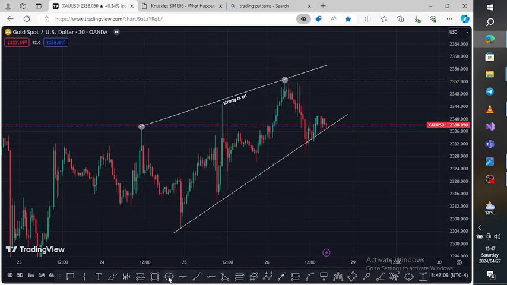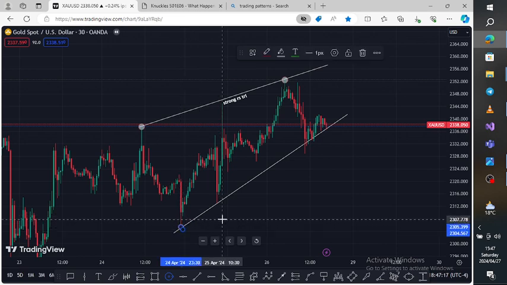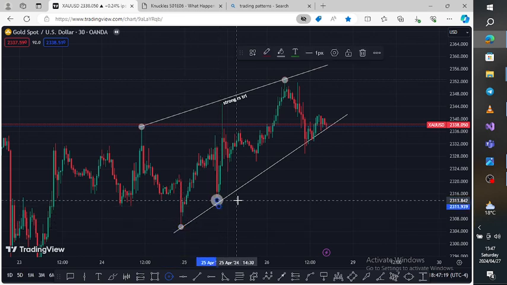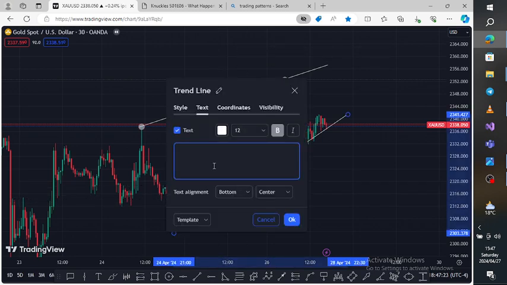The reason it's a strong resisting trend line is because it's made up of a strong high and another strong high. And with this one being a strong low and this one also becoming a strong low, this becomes a strong SPTRL, meaning it's a strong supporting trend line.